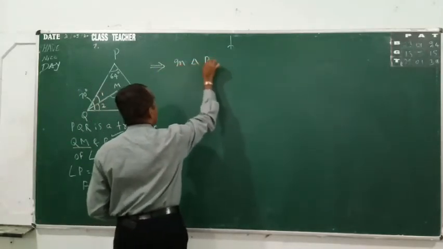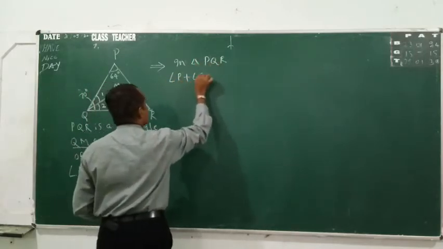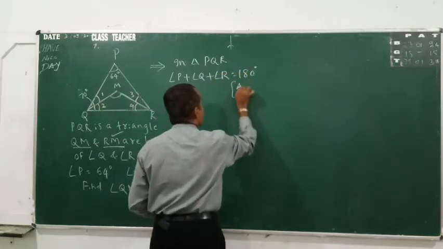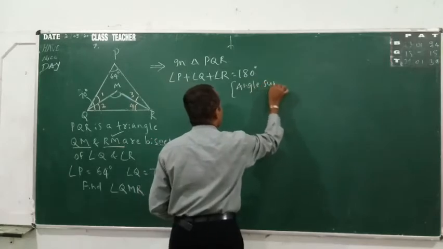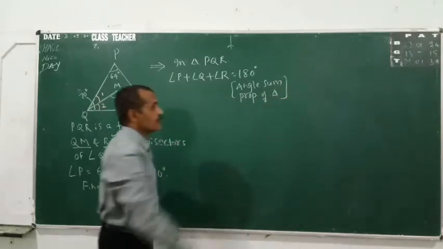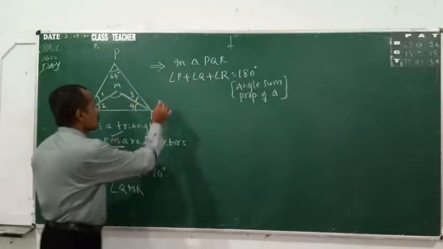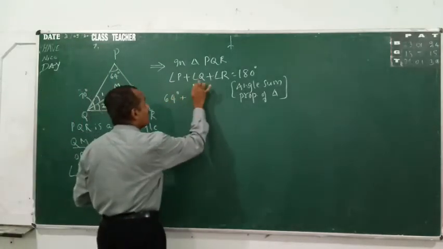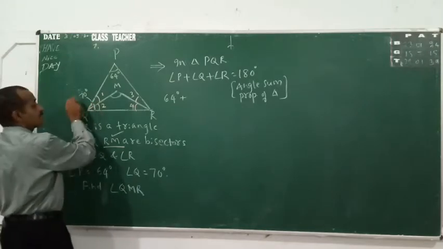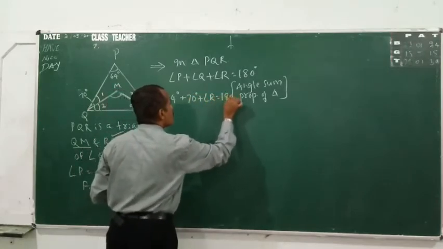Let me find it first. In triangle PQR, angle P plus angle Q plus angle R is equal to 180 degrees. The reason is the angle sum property of a triangle: the sum of the three angles of a triangle is equal to 180. Angle P, 64, plus angle Q, the full angle, 70 degrees, plus angle R, unknown, is equal to 180.